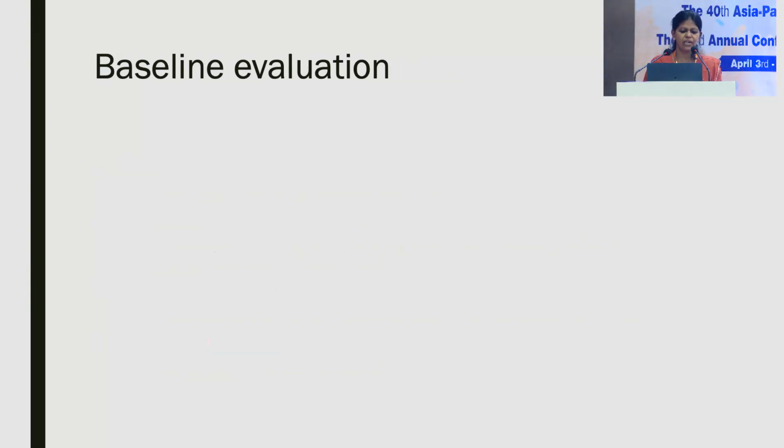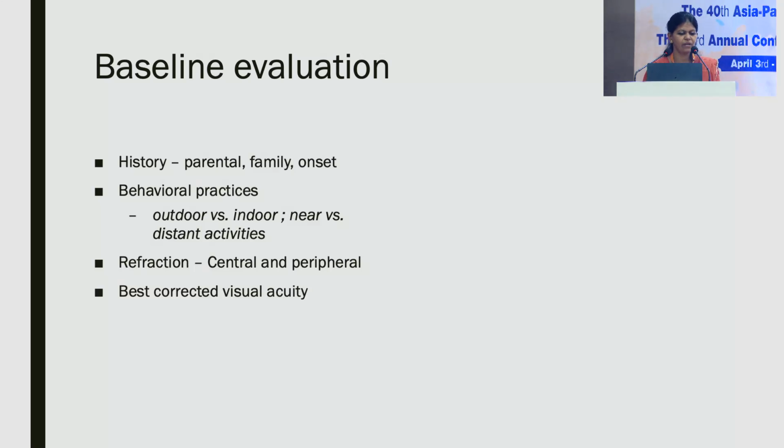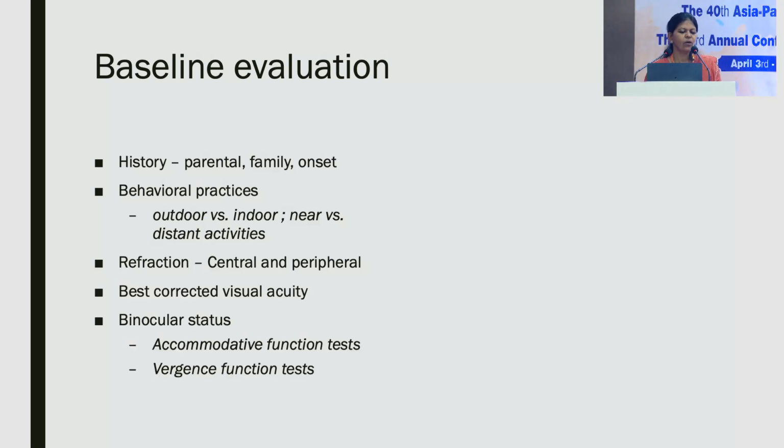So when a child or a patient presents to us with myopia, these are the things that we have to do. A baseline evaluation. History is important: parental, family, onset of myopia. Behavioral practice is extremely important: outdoor versus indoor, near versus distance activities, very equally important. Refraction, of course, whenever indicated, cycloplegic, central and peripheral refraction, best corrected visual acuity, both eyes, and binocular status.